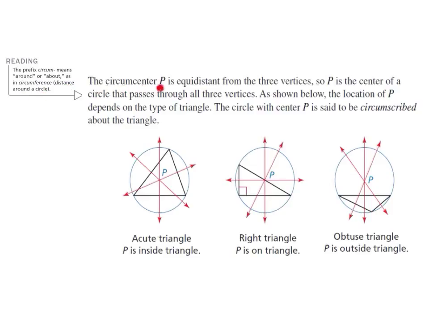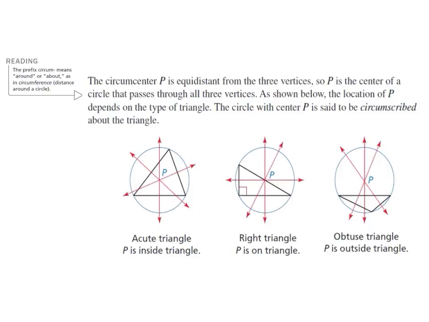So the circumcenter P is equidistant from the three vertices, so P is the center of a circle that passes through all three vertices. As shown below, the location of P depends on the type of triangle, and we've studied various types of triangle. The circle with center P is said to be circumscribed about the triangle.